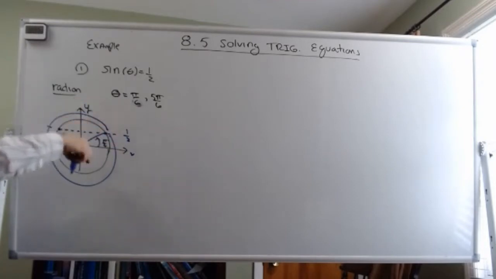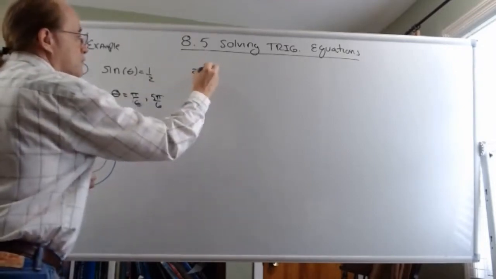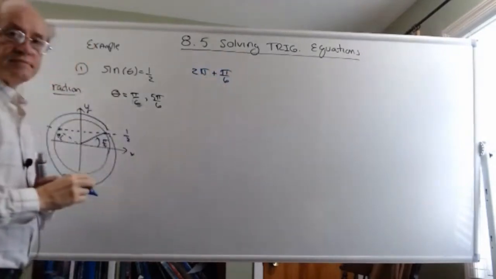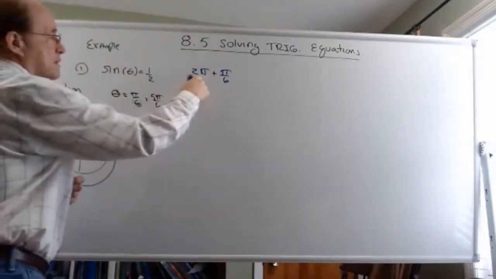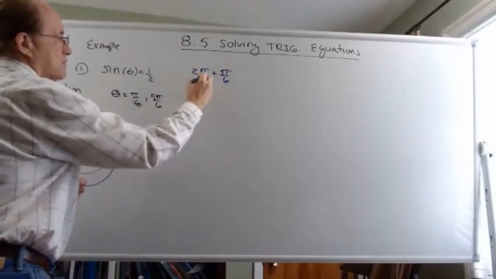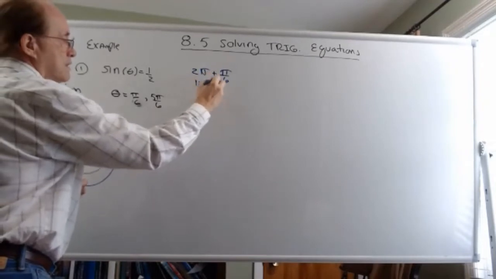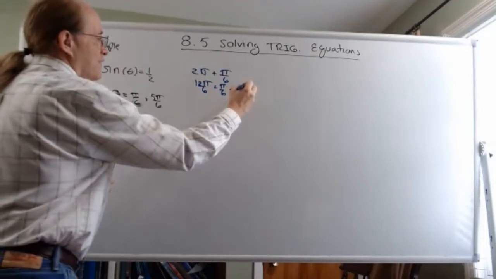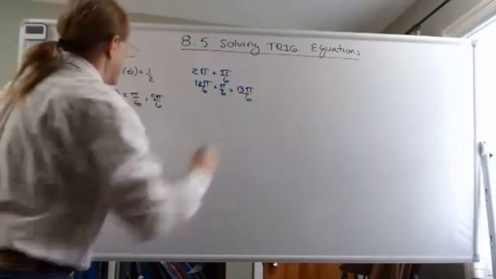Well, that's another 2 pi, so I can add 2 pi to pi over 6. Well, 2 pi is 12 pi over 6, plus pi over 6. That gives me 13 pi over 6.